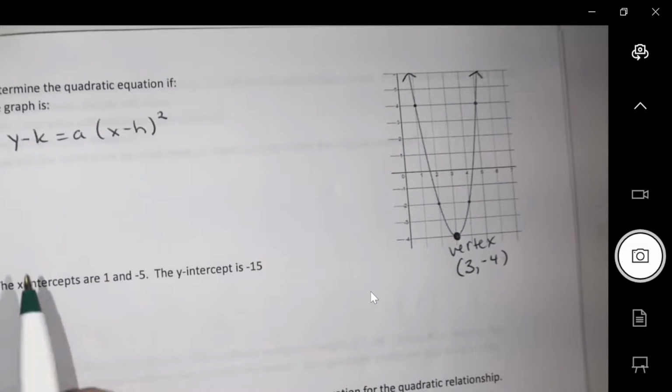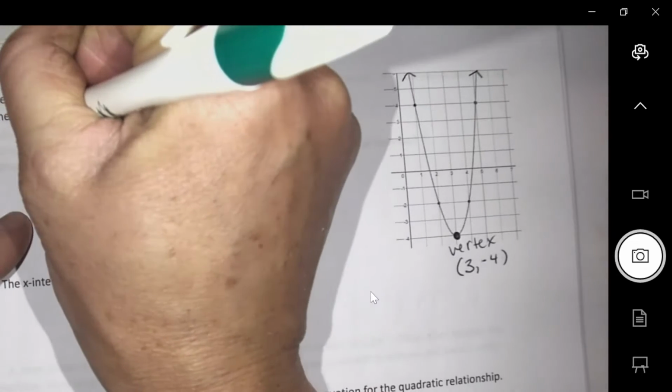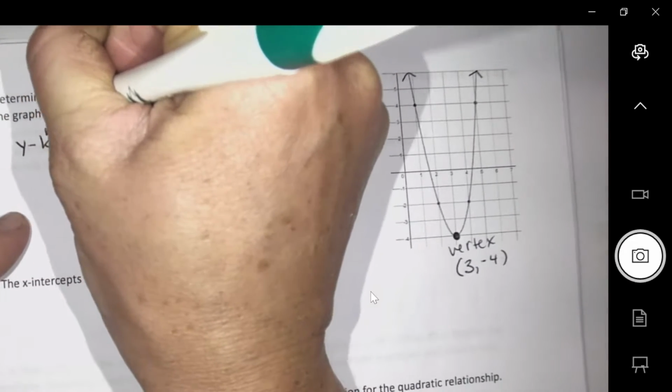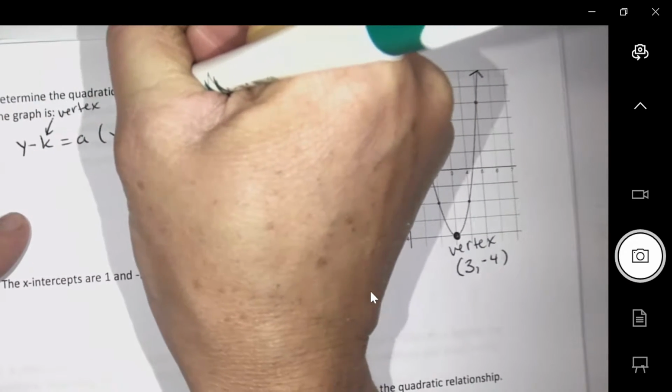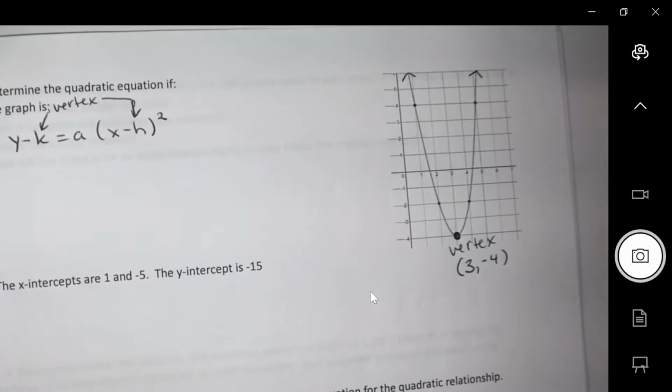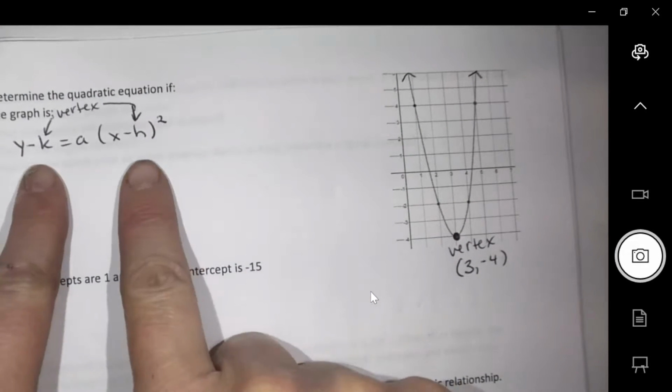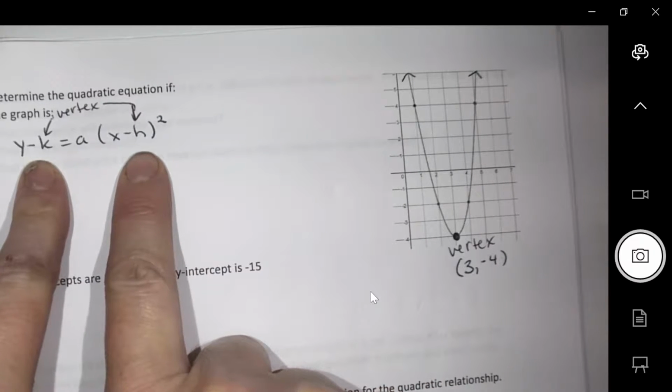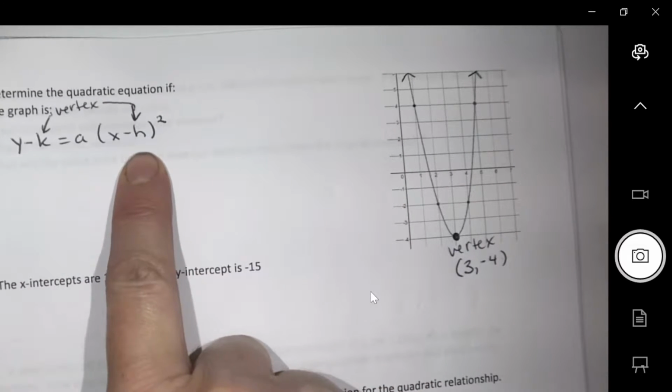Okay, so this is the formula that I'm going to be doing. The vertex is going to go into the H and the K. Because it says subtract, you're going to put it in the opposite way.